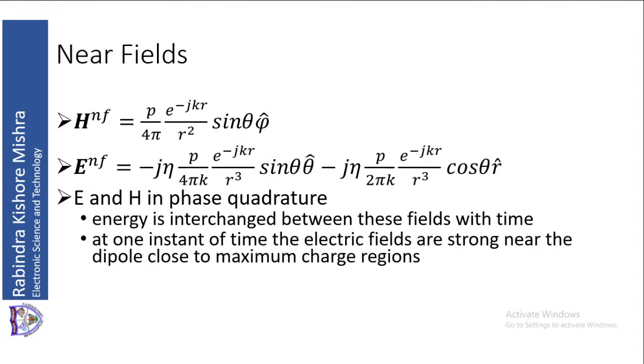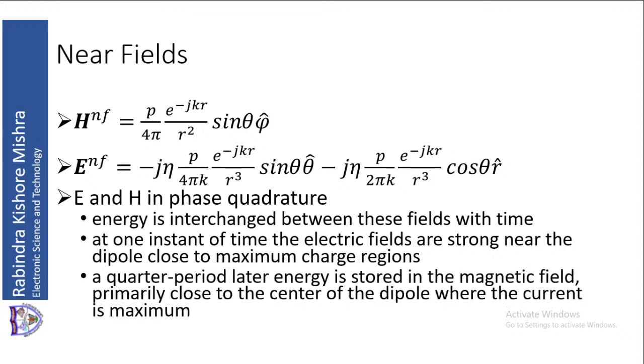They are strong near the dipole, close to the maximum charge region. Then at another instant, a quarter period later, the energy will be stored in the magnetic field. From the electric field, it is transferred to the magnetic field. It will be stored in the magnetic field, primarily close to the center of the dipole, where the current is maximum.